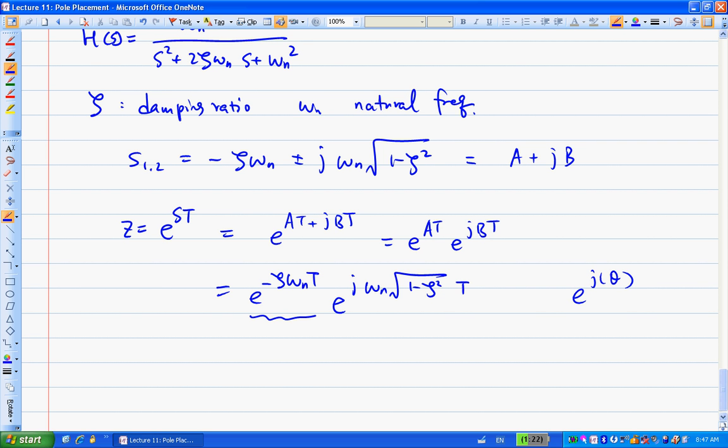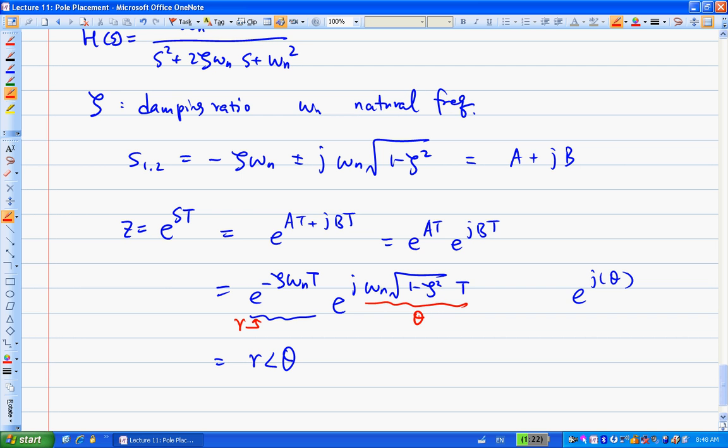So this is essentially in the form of r angle theta, the one we were talking about. What's r? This is r. And what's theta? This is theta here.